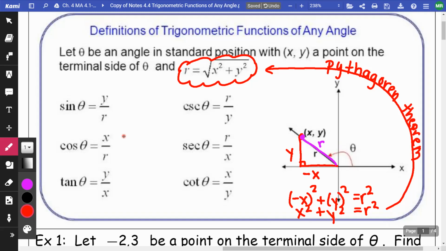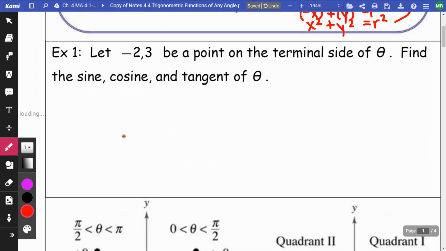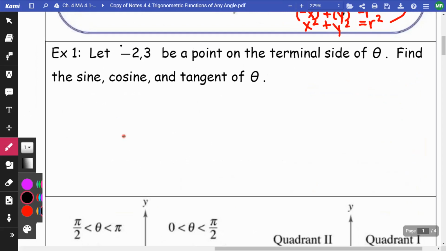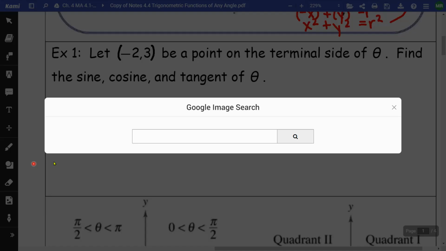Okay, so now let's say we have a point, and for some reason the parentheses disappeared from it. So let's say we have the point -2, 3. I can either draw a graph, or I can even get a graph here if I want.